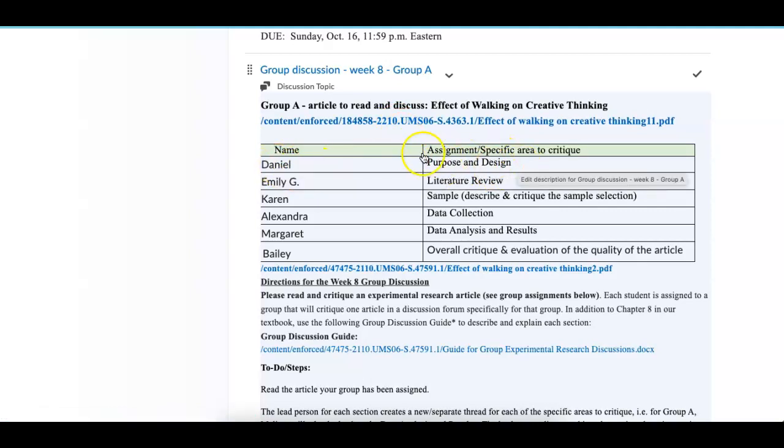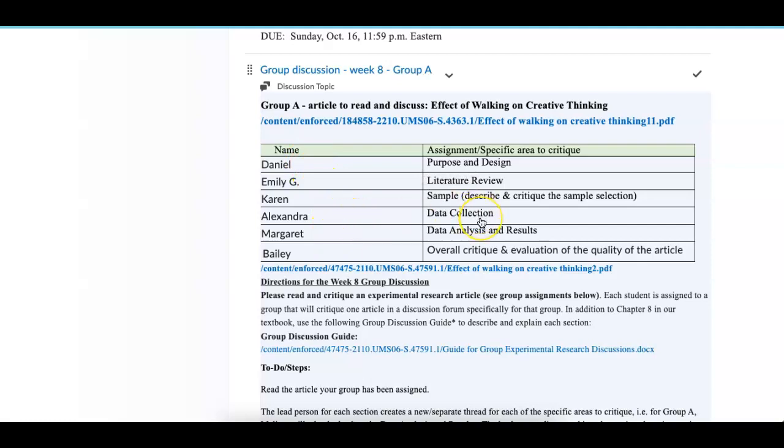Daniel is going to post in his discussion post the purpose and design of this. Emily G is going to do the literature, etc. Now, if Bailey's assigned to the overall critique and evaluation of the research, and she wants to do it early, Bailey, you don't have to wait until Daniel or anybody else is done.